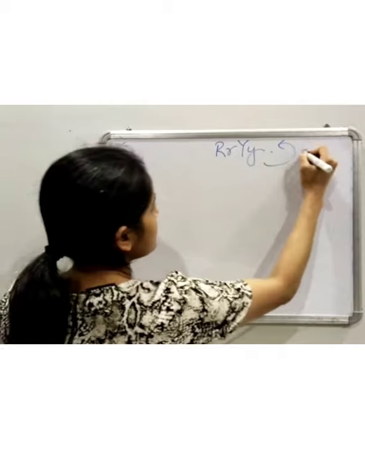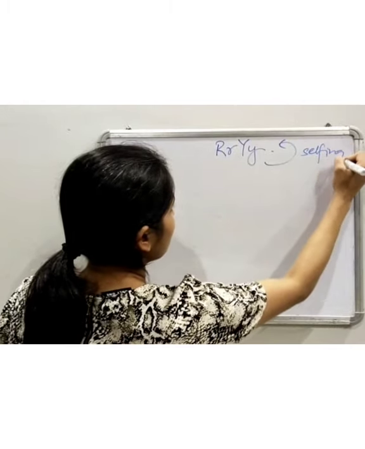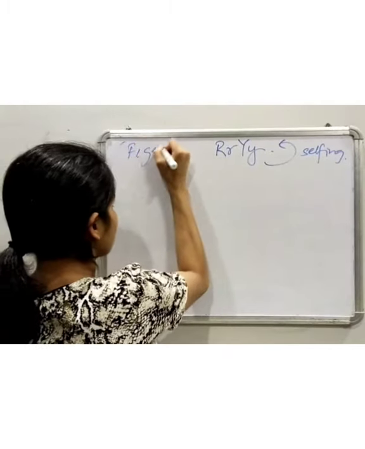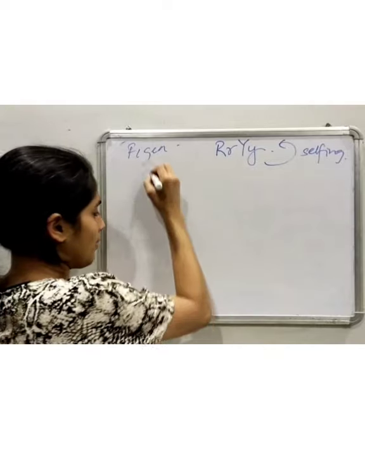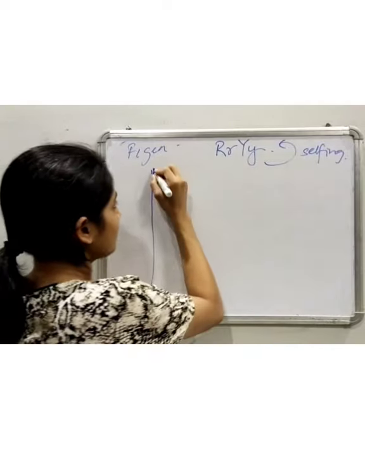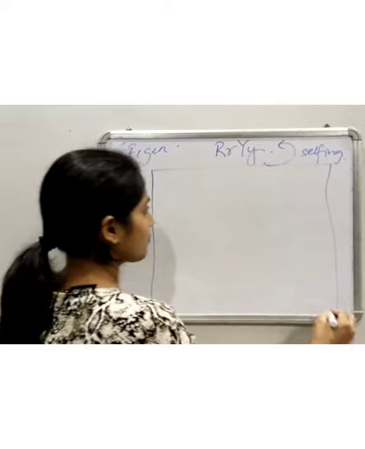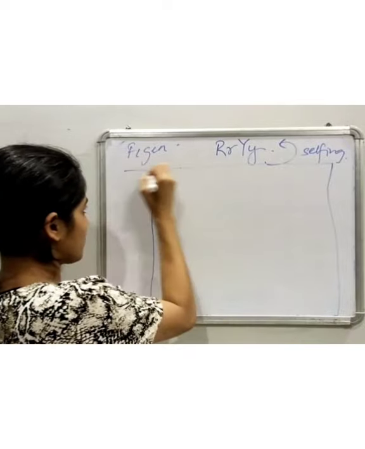Then he allowed selfing. This is the F1 generation. This is represented in, remember which square? This is the Punnett square.